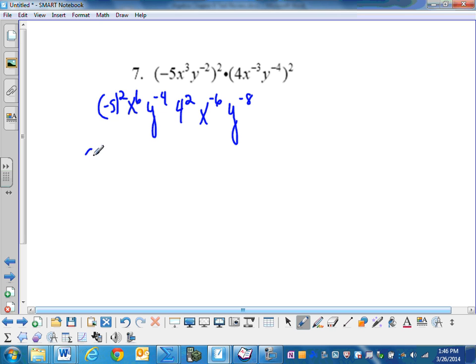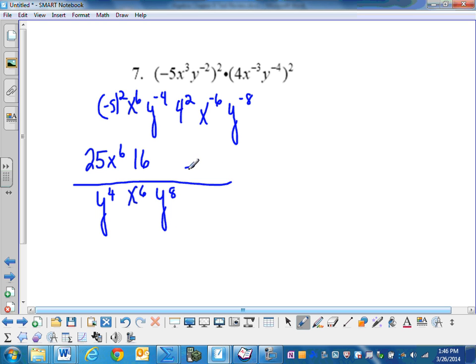So this is 25, and I'm going to get rid of my negative exponents. 16 times 25 is 400. The x to the 6 go out, so it's 400 over y to the 12.